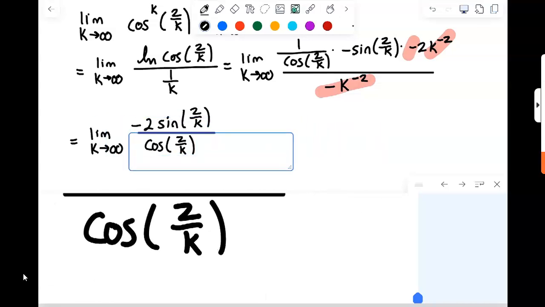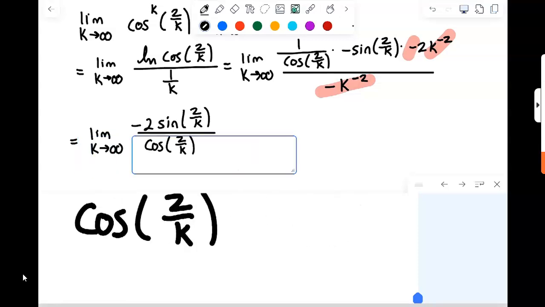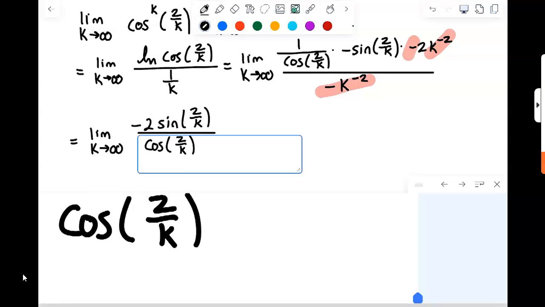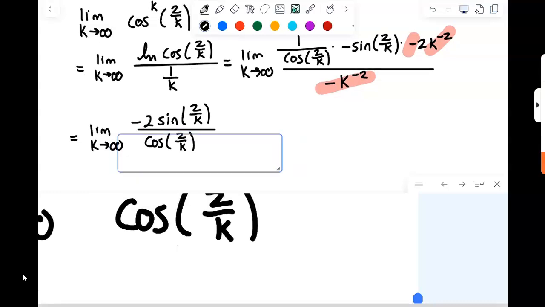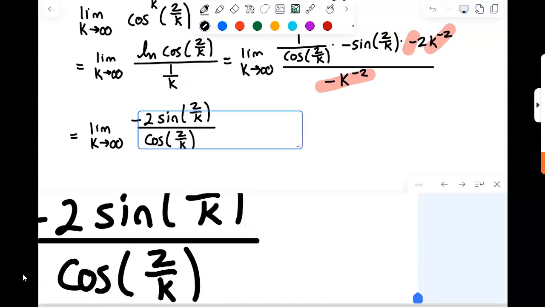So at this point, the denominator is no longer 0 or infinity, because as k goes to infinity, cosine of 2 over k, as we've already discussed, is going to go to 1. So the denominator is approaching 1, so we can just evaluate this now.